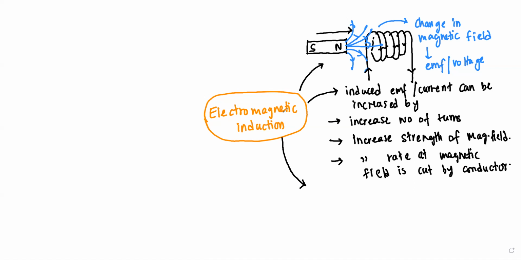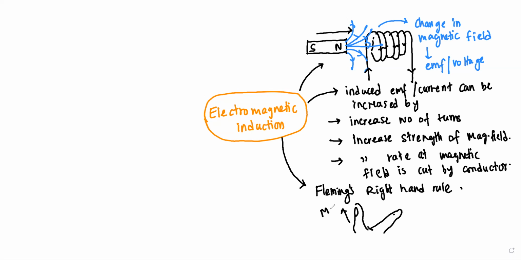So we can decide the direction by using Fleming's right hand rule. According to Fleming's right hand rule, the thumb shows the direction of the motion. In this case, you need to have a movement of the coil or the conductor.